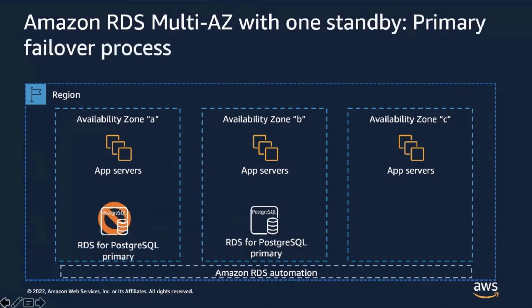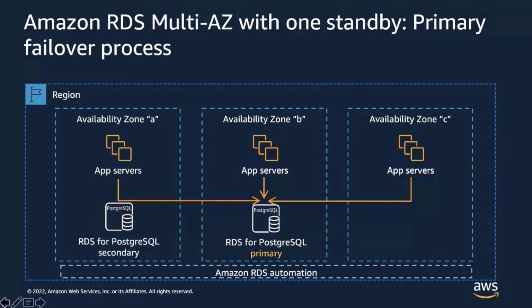It then promotes the secondary to be the new primary. The application reestablishes the connection as it's continuing to talk to the same endpoint, and now it starts talking to the new primary. Amazon RDS goes and replaces the secondary and re-establishes the replication between the primary and the secondary.